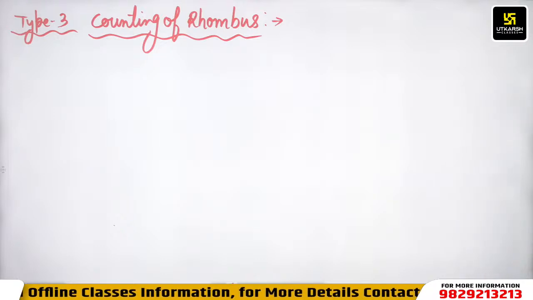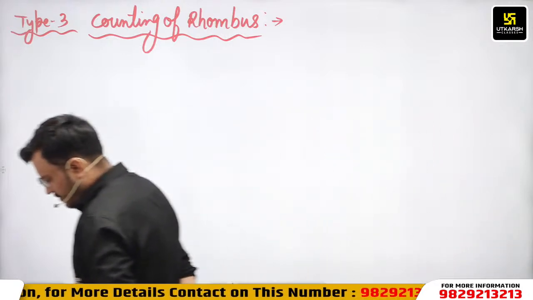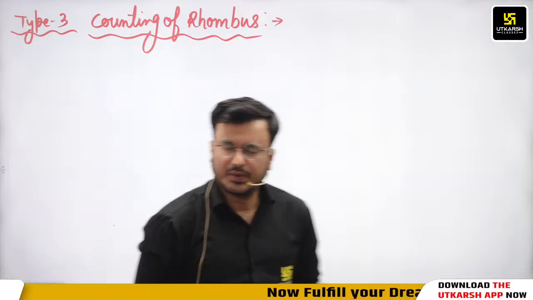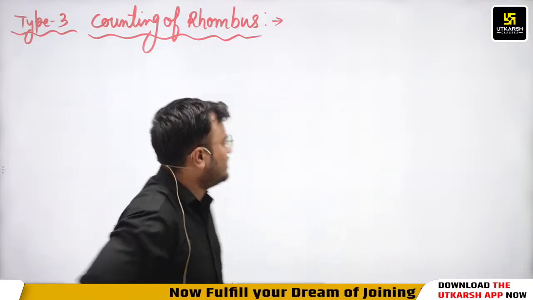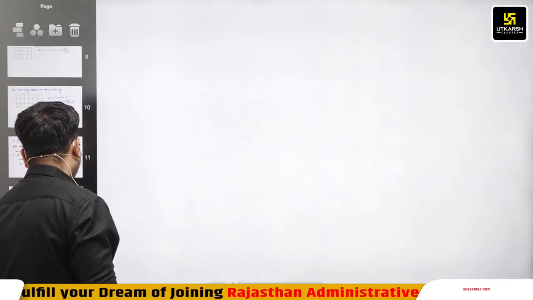So counting of rhombus. The first question that comes to mind is, what is a rhombus? A rhombus is a type of quadrilateral, and a square is also a type of quadrilateral. So first I think we need to study the types of quadrilateral.